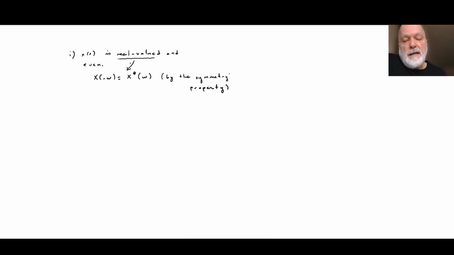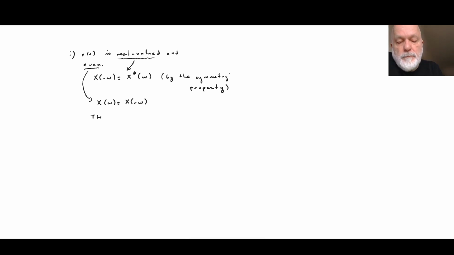And also, since x of t is even, by the arguments we have just seen, X of omega is equal to X of minus omega.